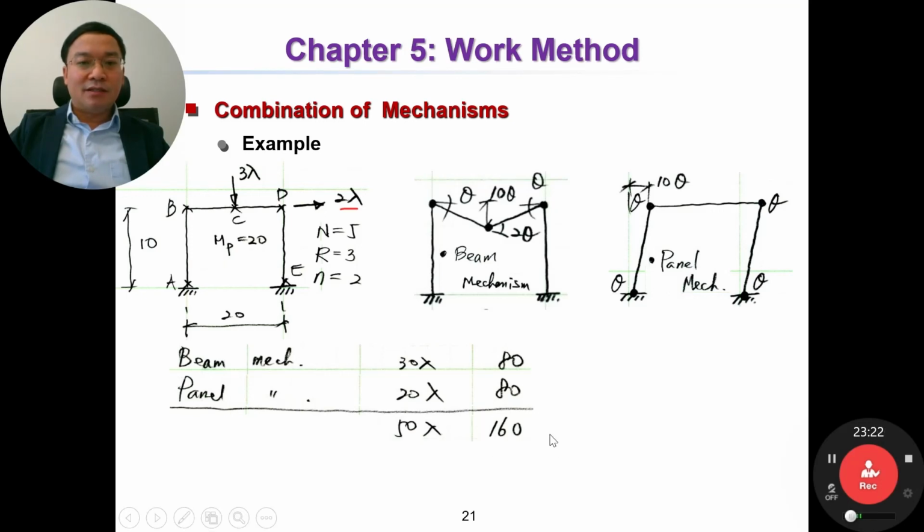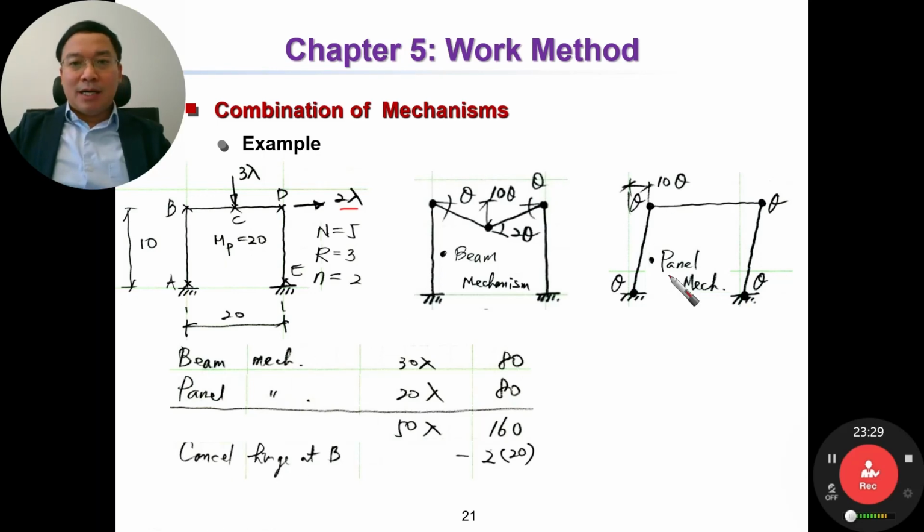We cancel the hinge at B, because when we combine two mechanisms, the hinge at B is neglected. One is plus theta and the other is minus theta, so plus and minus disappear.